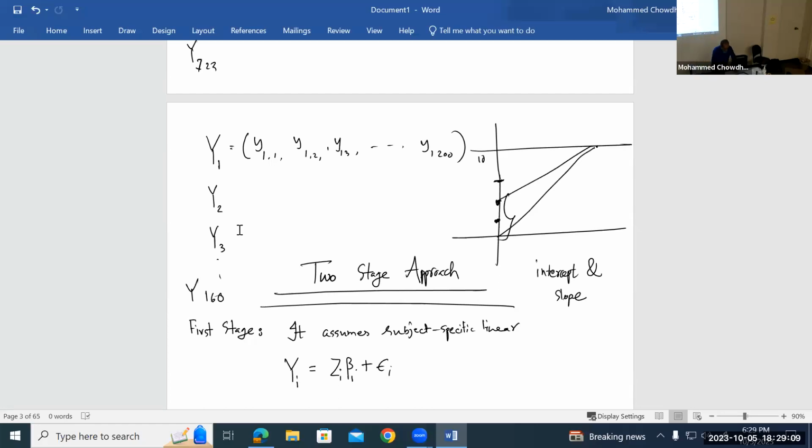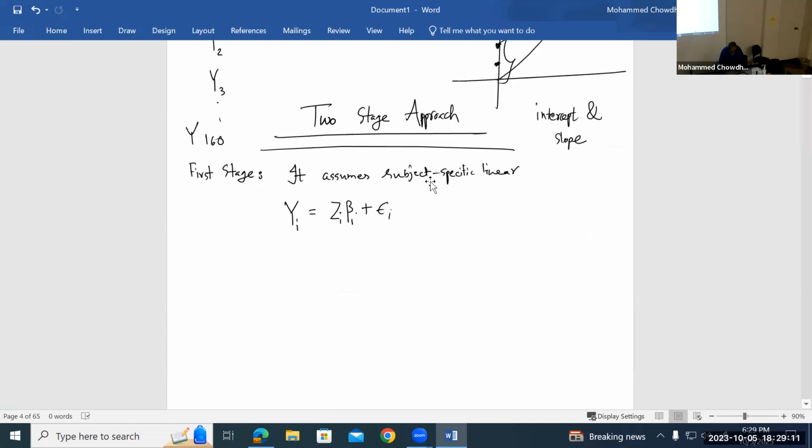That will be our second stage. The first stage is to assume a subject specific linear model. Now they are going to change this beta i. Why? Because every school will have a different rate of math scores.